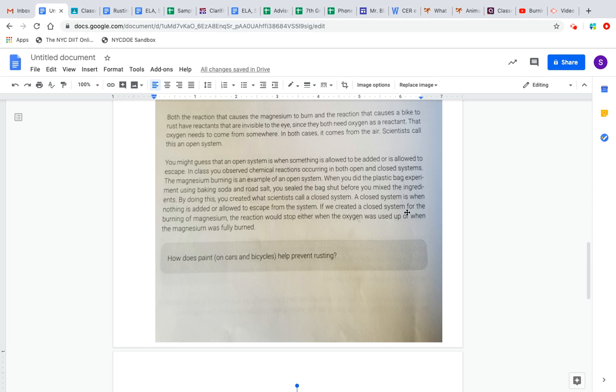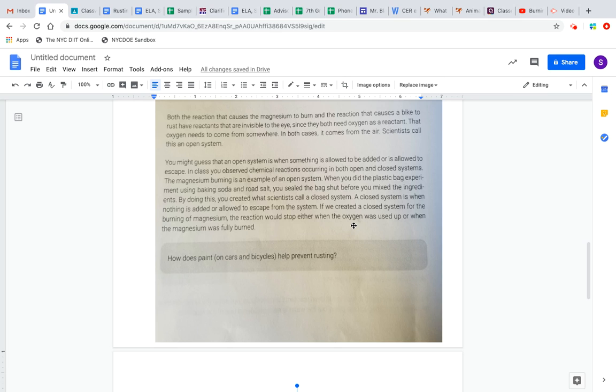If we created a closed system for the burning of magnesium, the reaction would stop either when the oxygen was used up or when the magnesium was fully burnt. Again, because if it's a closed system, you have a limited amount of oxygen. All right, so closed systems mean that you are not allowing anything else in, and it's completely closed. It's just whatever substances that are present.